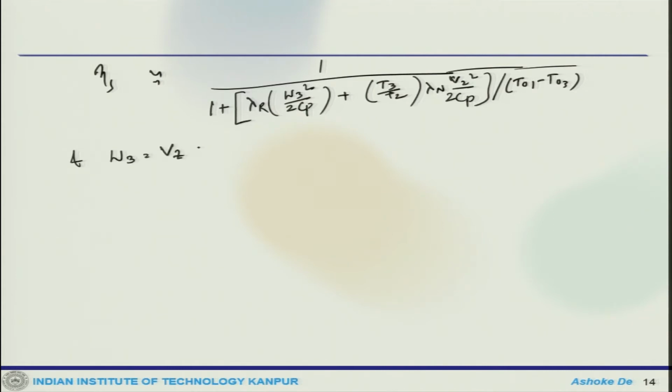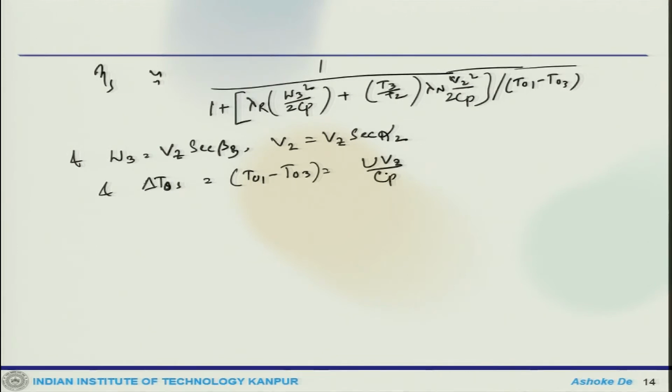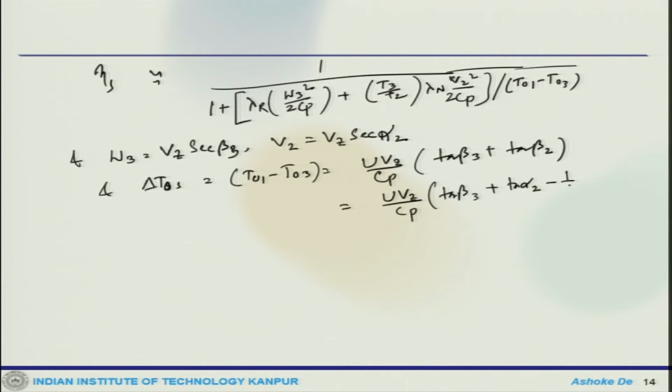W 3 is V z sec beta 3, V 2 equals V z sec alpha 2, and delta T naught s, which is T naught 1 minus T naught 3, is u V z by C p times tan beta 3 plus tan beta 2, which is u V z by C p times tan beta 3 plus tan alpha 2, which is minus 1 by phi.